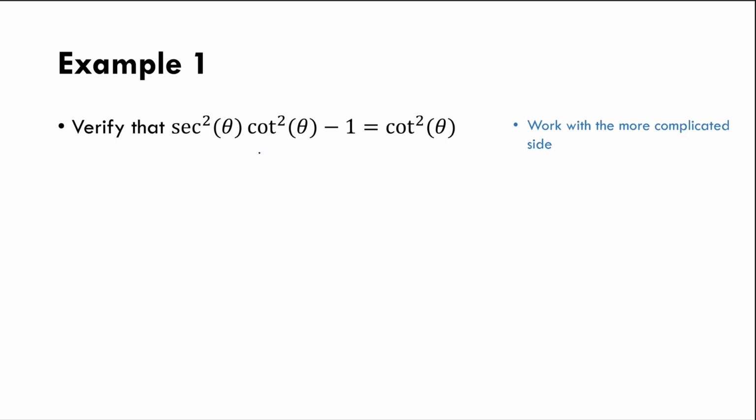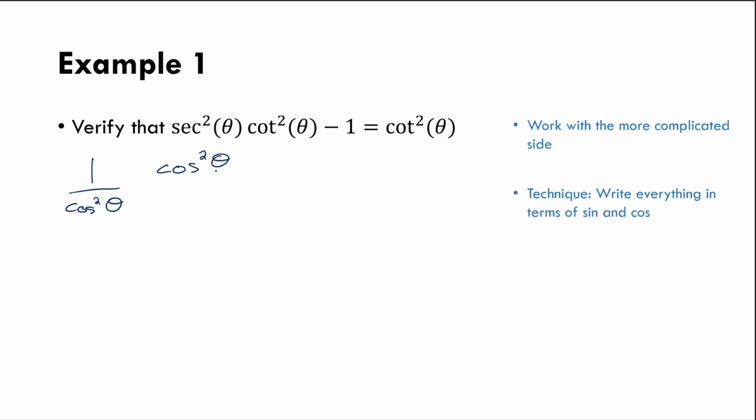Our first technique here is to rewrite everything in terms of sine and cosine. Secant squared theta we can rewrite as 1 over cosine squared theta, and cotangent squared theta I can rewrite as cosine squared theta over sine squared theta.